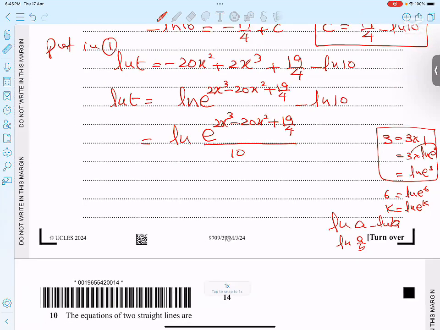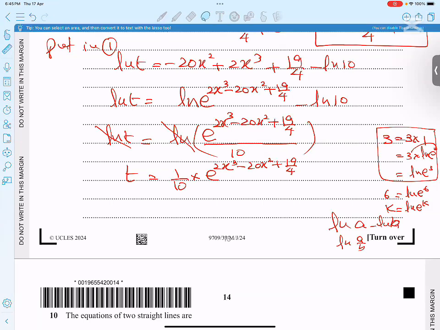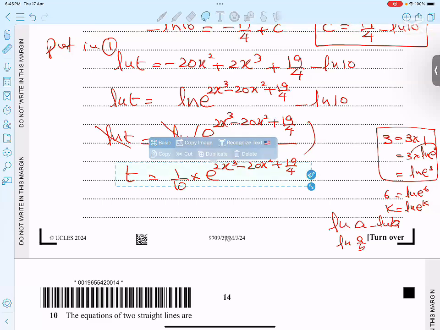Okay, students? And now log of t here, and the logs will cancel. You can leave it here, or you can write 1 over 10 into e to power 2x cubed minus 20x square plus 19 over 4. And this is basically our answer.